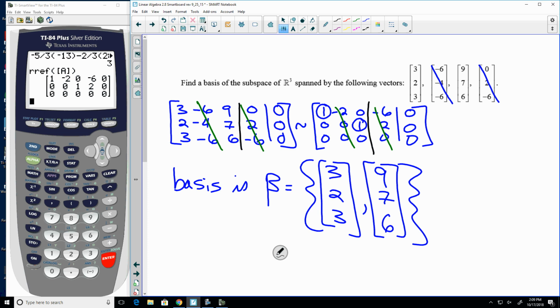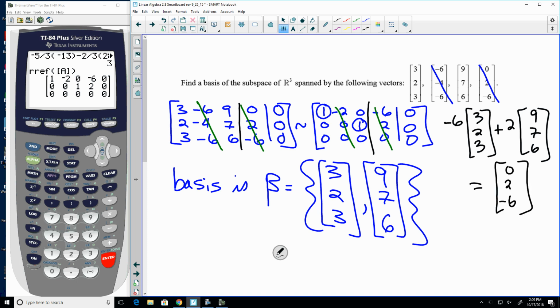So this tells me -6 times the first vector plus 2 times the third vector is going to equal that last vector.